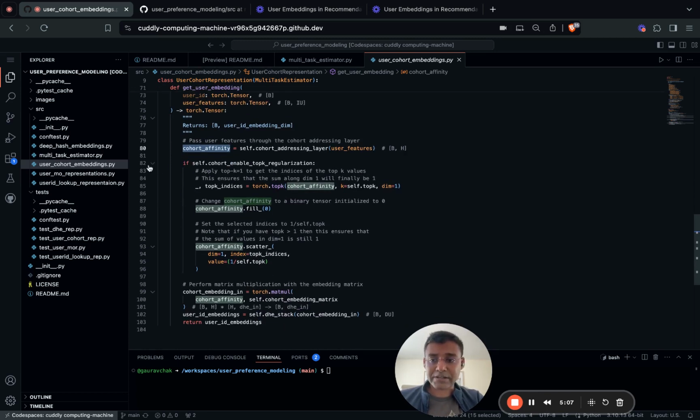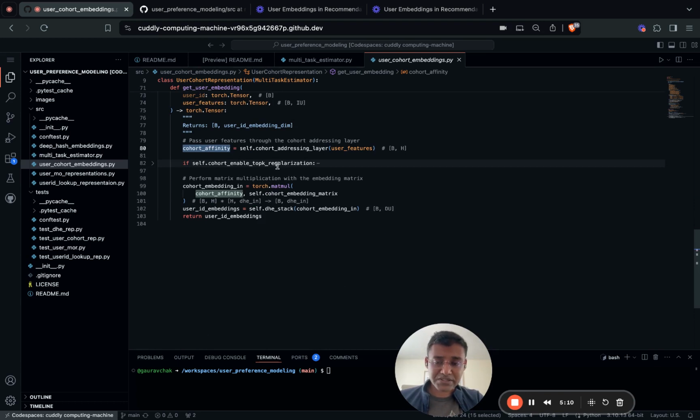We'll look at top K regularization later. Let's assume it's disabled. Then, using a matmul, it multiplies with the embedding matrix, which for those 2000 cohorts has a specific embedding vector.